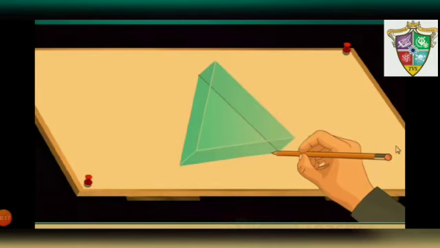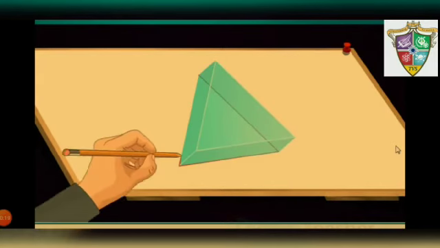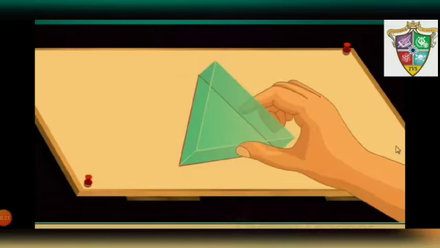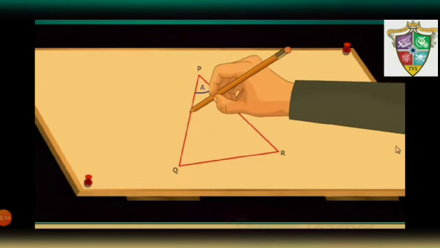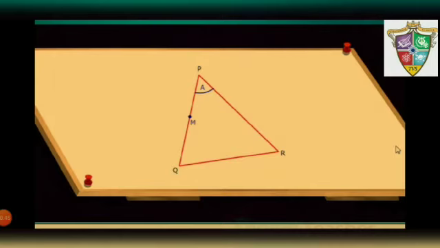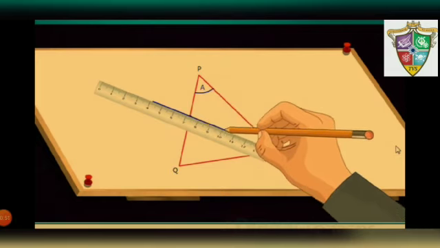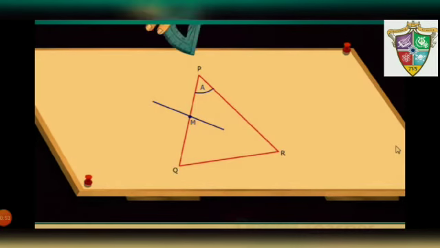We will make outlines of the prism, then remove the prism and mark the vertices of the triangle, say P, Q and R. Then we will measure the angle, say A, that is known as the angle of prism. We will make a point M on the surface PQ and draw a perpendicular line to the surface PQ.